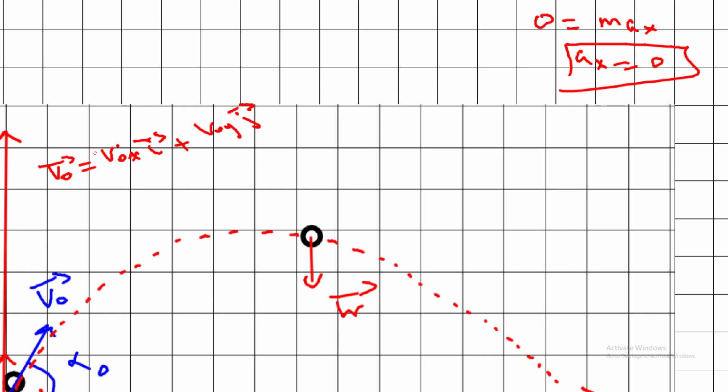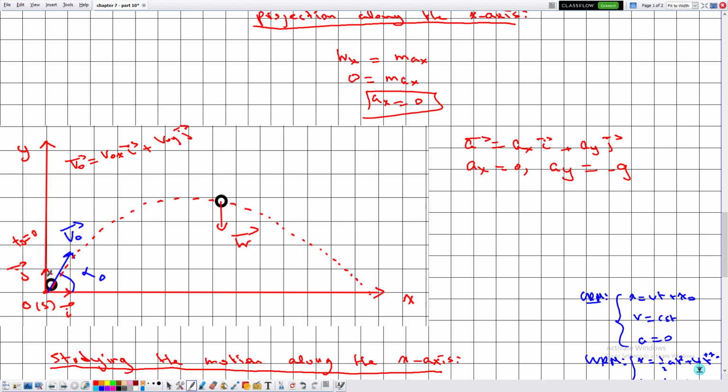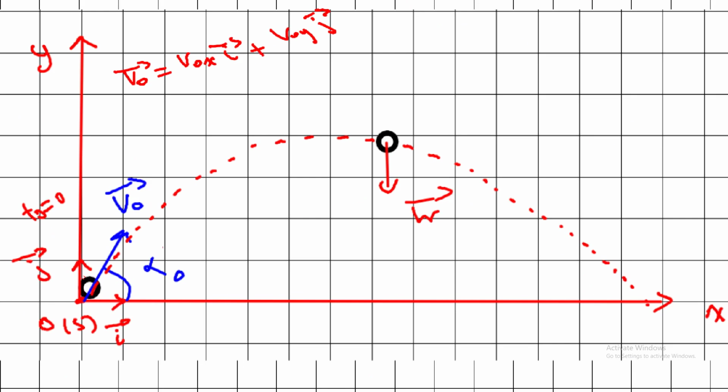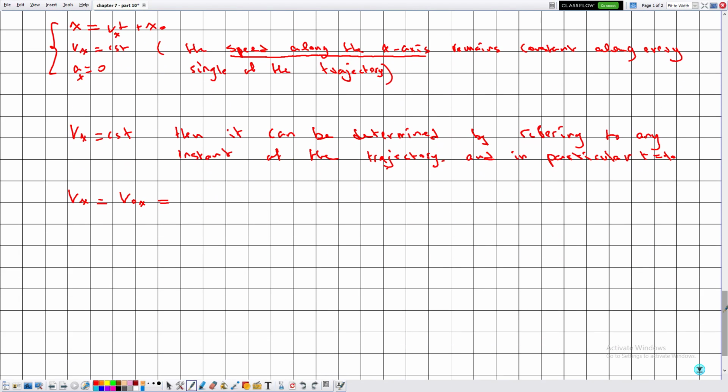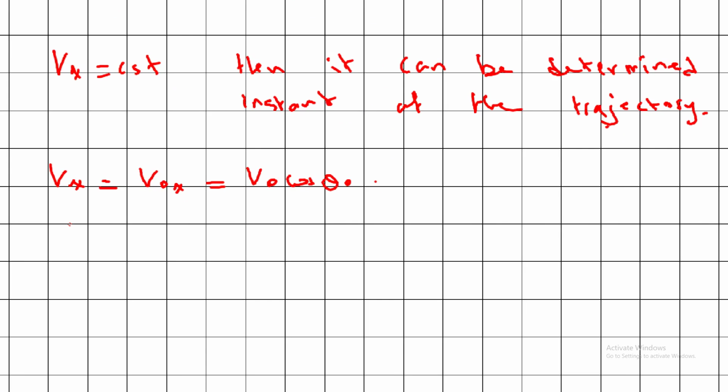So in this case, if we are interested in determining the x component, which is the projection, it's pointing in the same direction of the x-axis, so it's plus, multiplied by the magnitude, which is v0, multiplied by the cosine of the angle between v0 and the x-axis, which is cosine alpha 0. Okay, so simply in this case v0x is v0 cosine alpha 0.